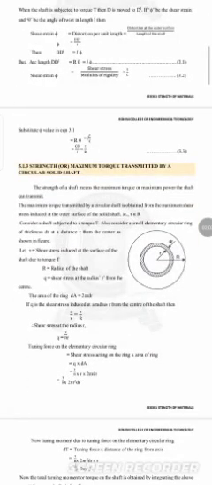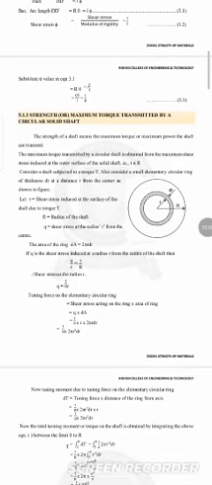The strength or maximum torque transmitted by a circular solid shaft. The strength of the shaft means the maximum torque or maximum power the shaft can transmit. The maximum torque transmitted by the circular shaft is obtained from the maximum shear stress induced at the outer surface of the solid shaft.